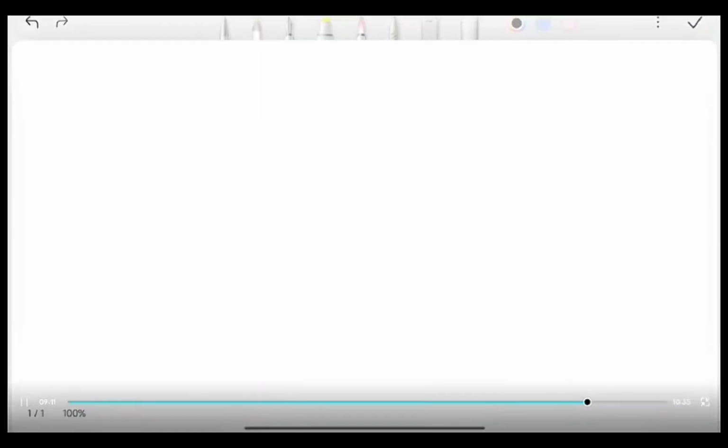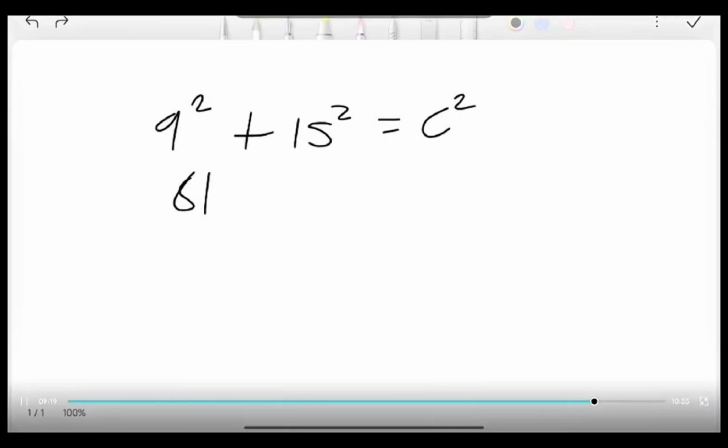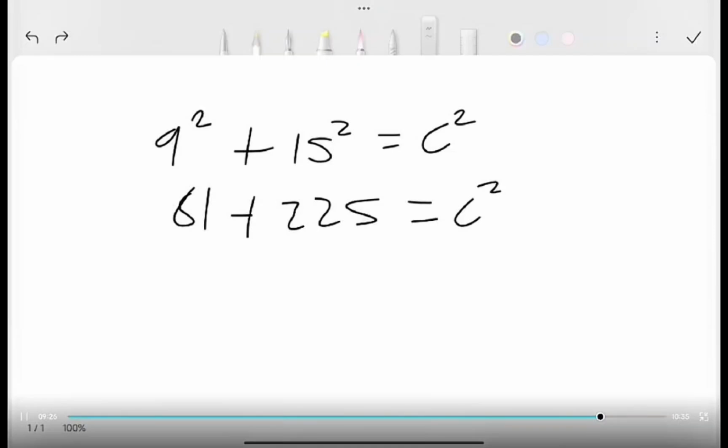We use the formula a squared plus b squared equals c squared. So 9 squared plus 15 squared equals c squared. 9 squared is 81, plus 225, which is 15 squared, equals c squared. So c squared equals 306.